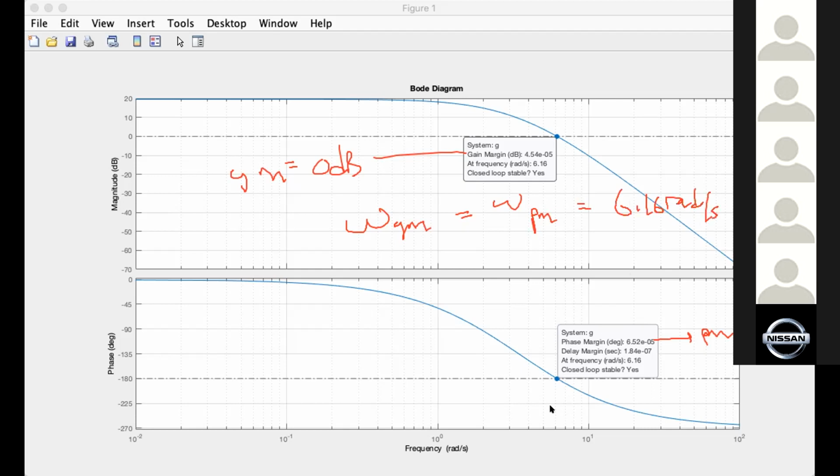Okay, so omega gain margin occurred here, and omega phase margin occurred here. So this one I call critical, or marginal. It's in between stable and unstable, between the left half plane and the right half plane.